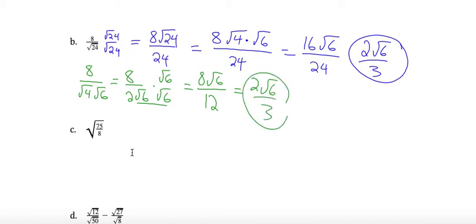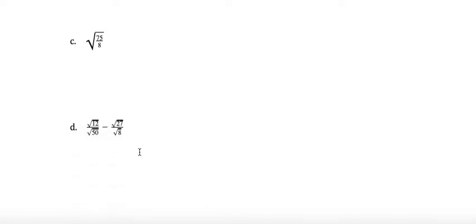You get the exact same answer whether you simplify at the beginning or wait towards the very end. C is a little bit different in that there's a square root over my numerator and my denominator, but you are allowed to distribute that square root to your numerator and your denominator individually. Now it's up to you whether you want to simplify those roots first or not. For this particular one, I am going to simplify the roots first, just because I see very obviously what they turn into very quickly.